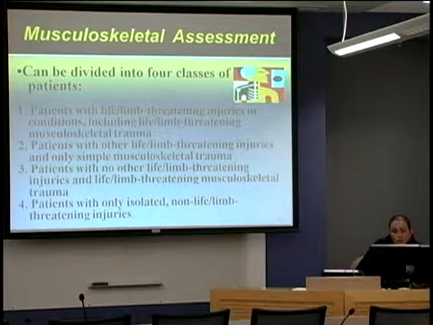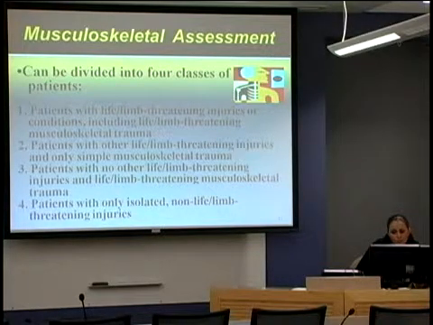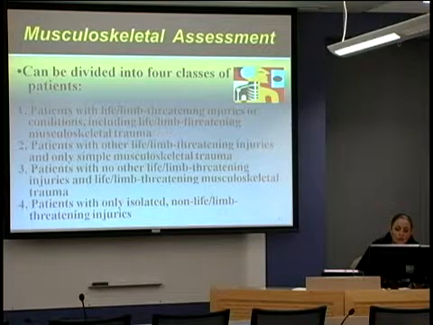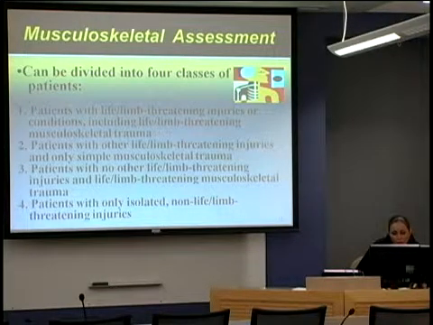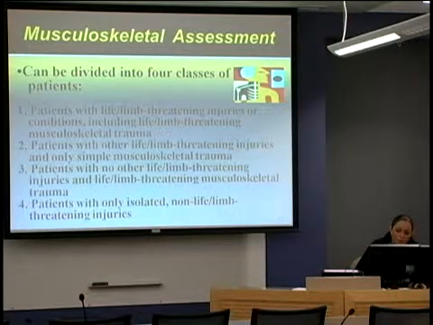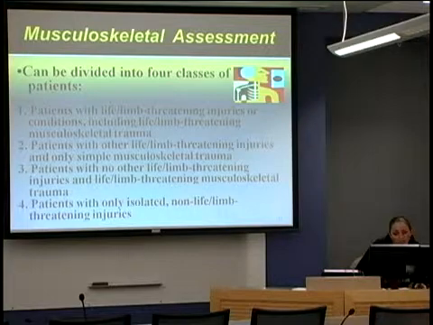The third group of patients consists of those with no other life, limb-threatening injuries and life, limb-threatening musculoskeletal trauma. And the last group of patients will suffer only isolated, not life, limb-threatening injuries.